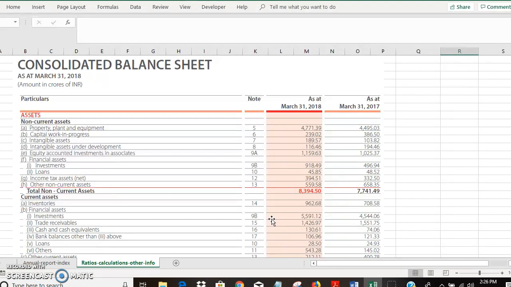Obviously, you will be giving interest to the bank, but if you can keep refinancing, let's say you've taken a loan for 5 years and you're paying the bank 15%, that means 15 lakhs you're paying, and you're making 18 lakhs. So 18 minus 15 is 3 lakhs. So the 3 lakhs is extra profit you got just by leveraging, which is good.